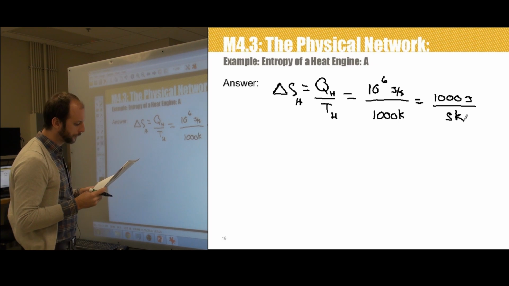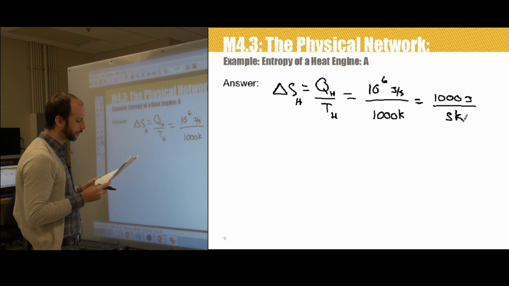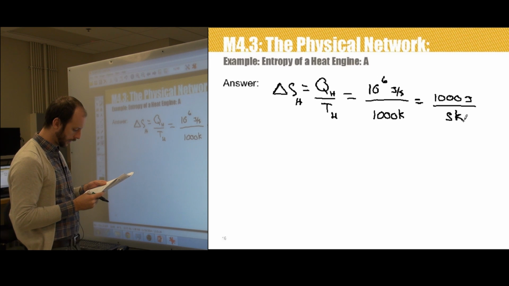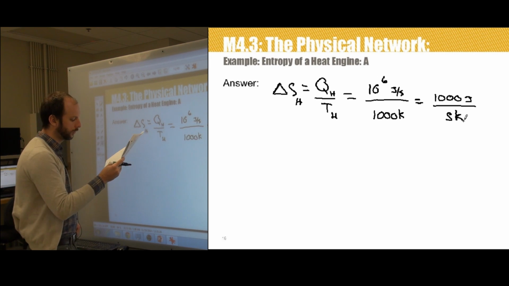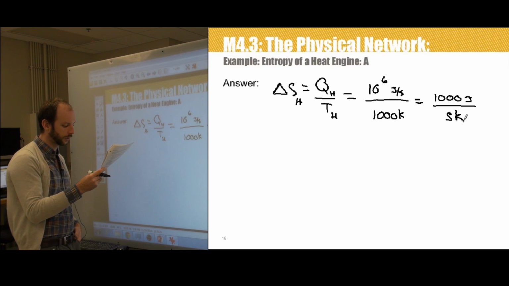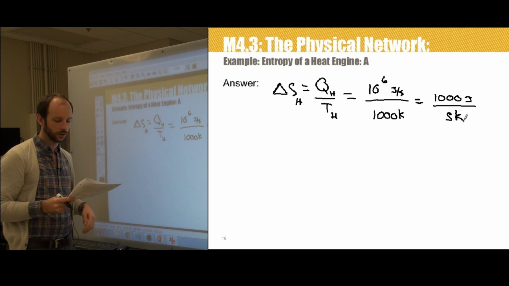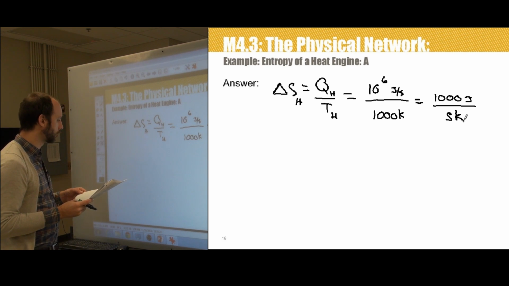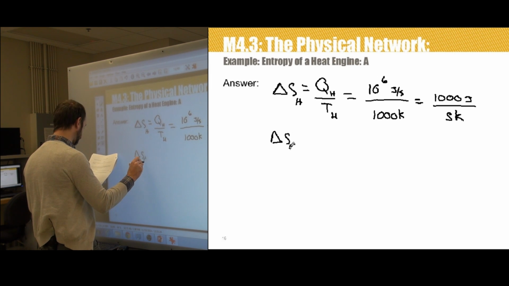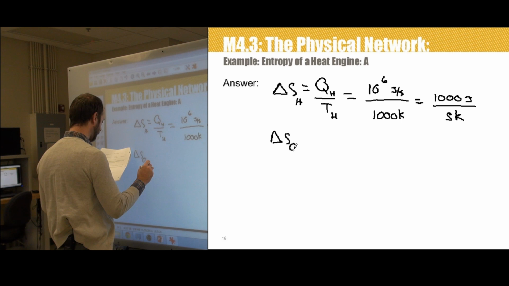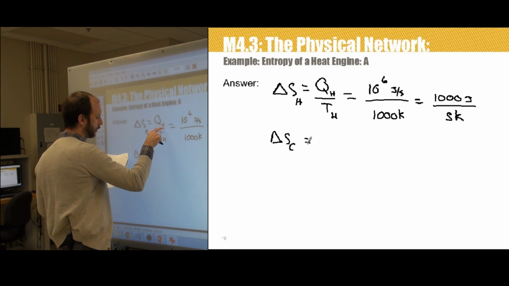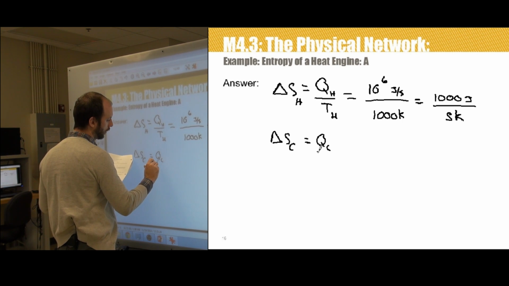And from the problem statement, the engine was 40% efficient, so only 40% of the heat removed here, QH, is being converted into work. 60% of this number is actually being ejected into the low temperature sink. So we take the delta S of the cold. That's going to be QC over TC.